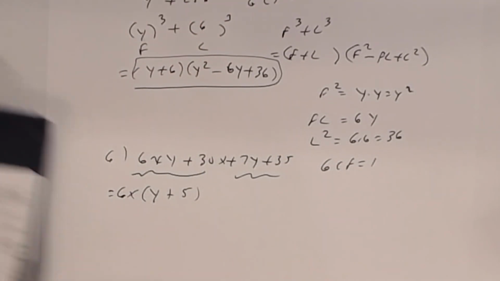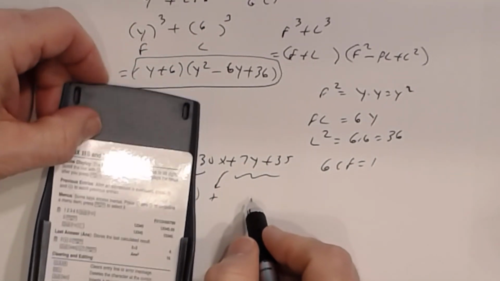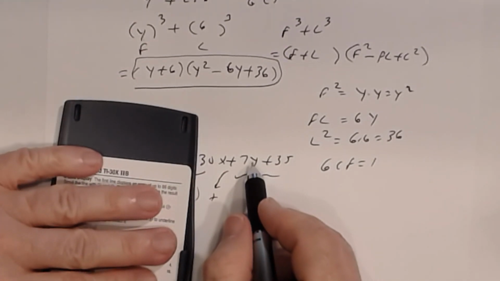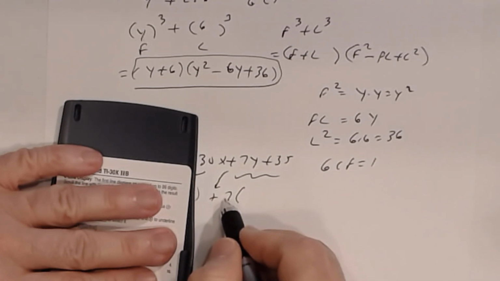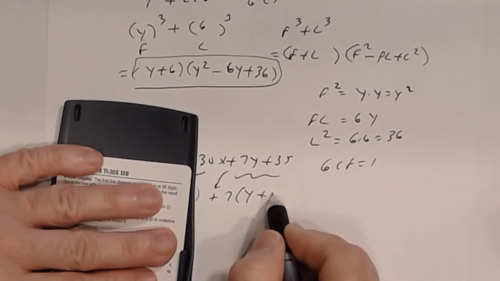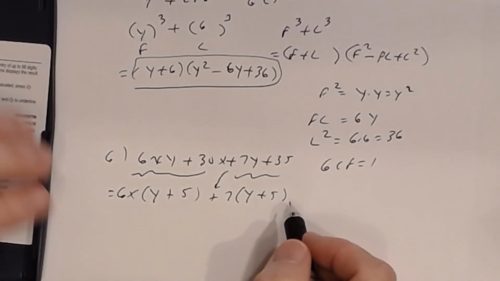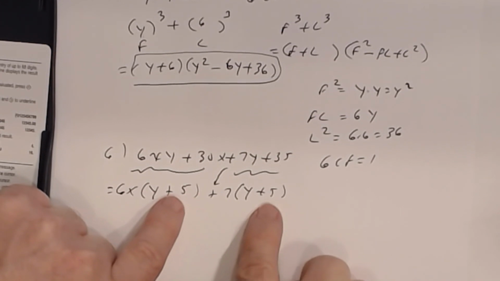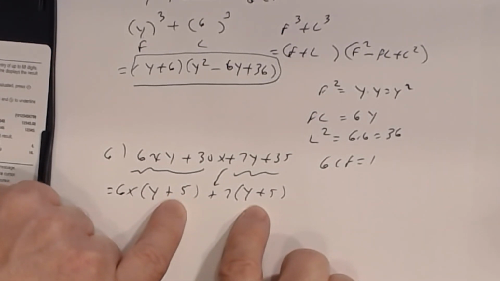Okay, now let's do the second group. Remember, always bring down the sign. Plus, we're going to cover this up. Here, those 2 terms, I can factor out a 7. And when I factor out the 7, I get 7 times y is 7y. 7 times 5 is 35. And remember our conversation in week 1. If you're doing this correctly, those 2 factors you see there in parentheses need to be the same.